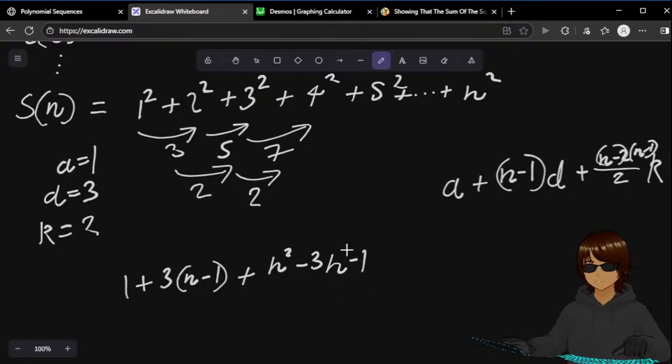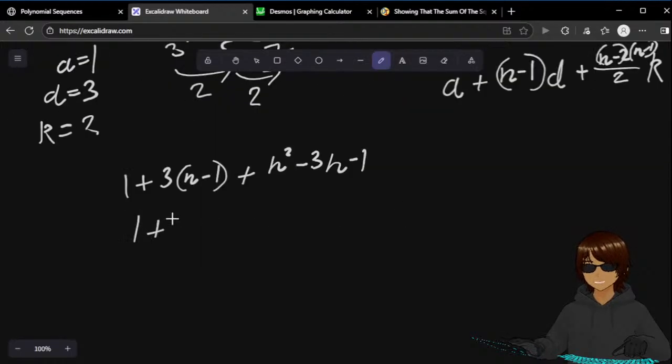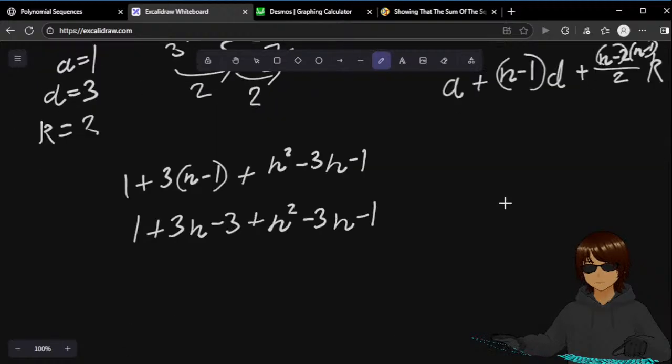These two cancel out. 1 plus 3n minus 3 plus n squared minus 3n minus 1. Is this correct? n squared minus 3.